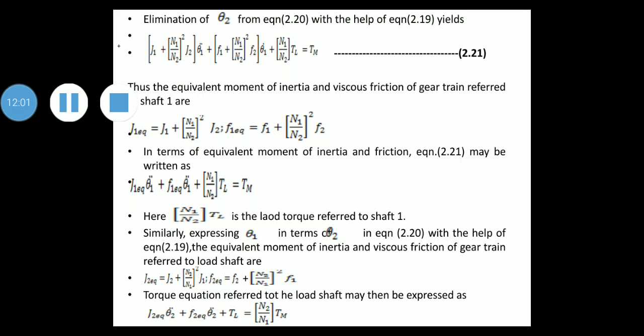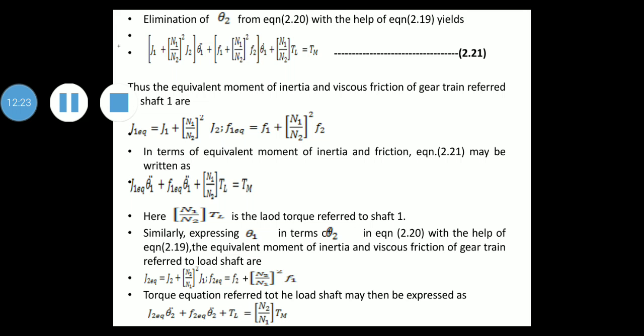In terms of equivalent moment of inertia and friction, equation 2.21 may be written as J1 equivalent theta 1 double dot plus F1 equivalent theta 1 dot plus N1 by N2 TL is equal to Tm. Here N1 by N2 into TL is the load torque referred to shaft 1.